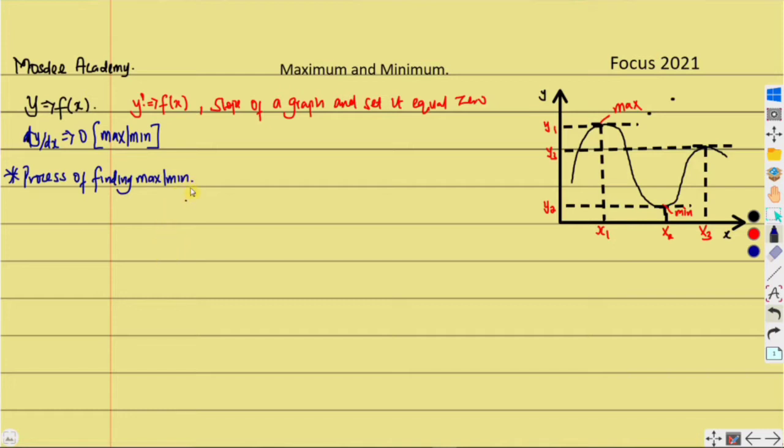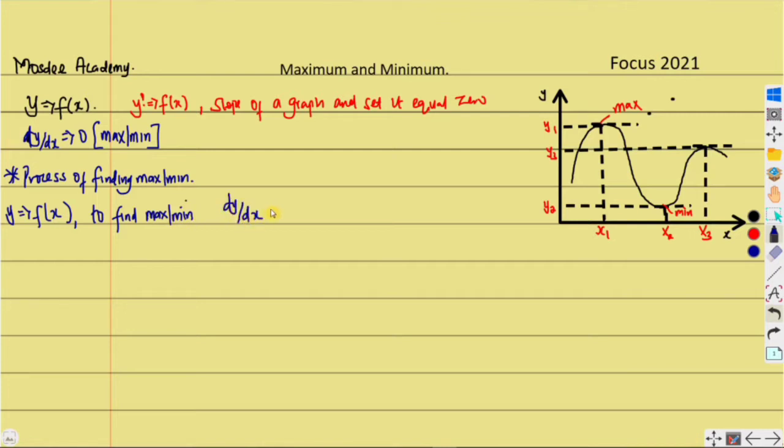If we have a function y equals f of x, as discussed above, to find the maximum and minimum point, all we do is look for dy/dx of this, like what I've said earlier.